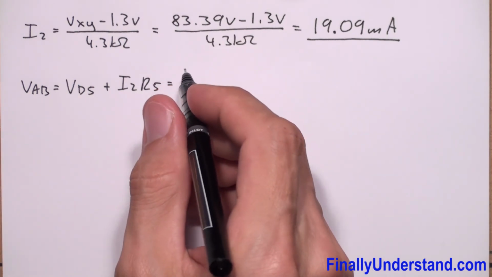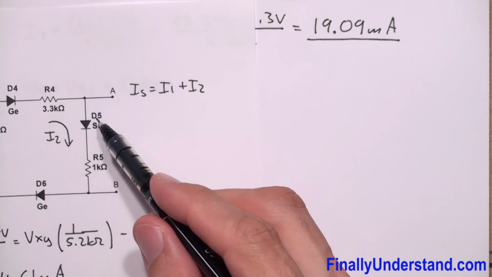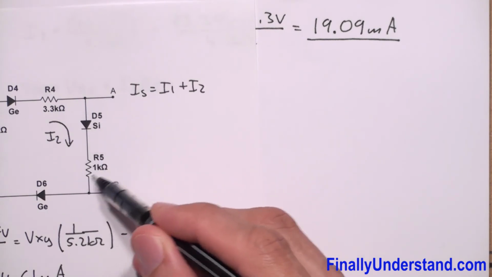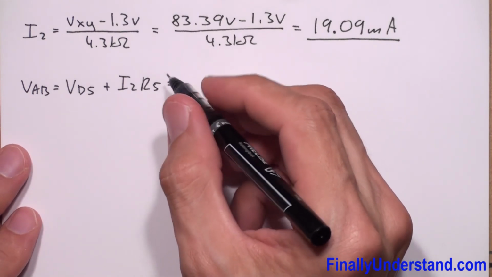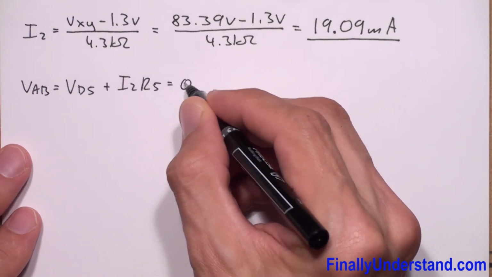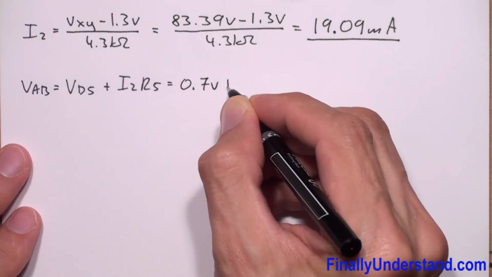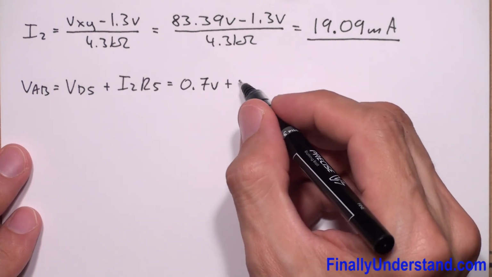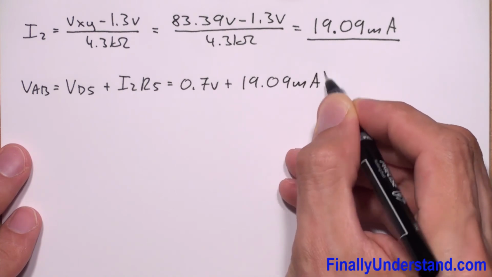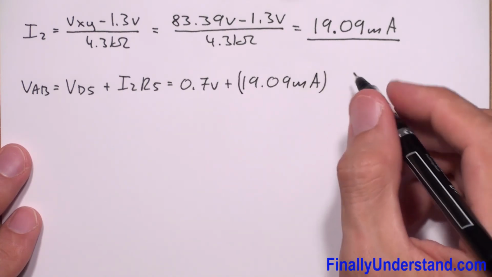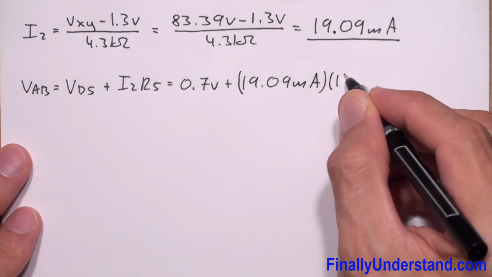So this is the voltage drop across this diode plus the voltage drop across this resistor. I have VD5 is equal to 0.7 volts plus I2, which is 19.09 milliamps, times R5, 1 kilo.